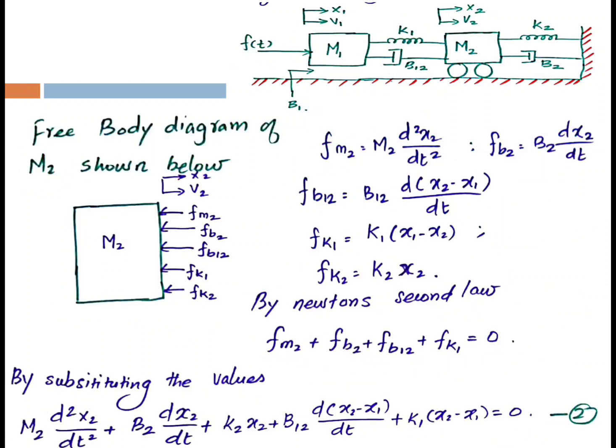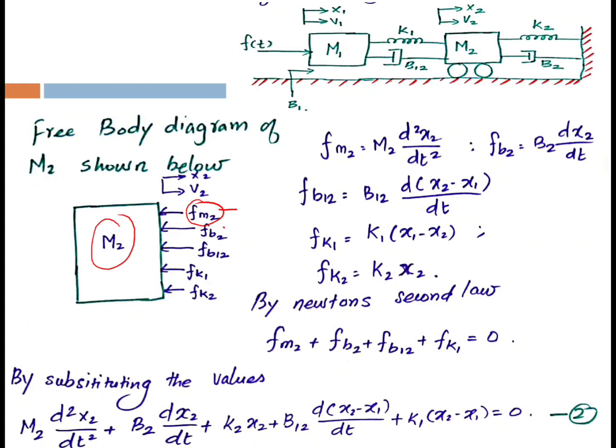Similarly, we have to write the equation related to mass element M2. In mass element M2, again 5 forces are acting. One force is related to mass element M2, and the other forces are because of the friction and the spring, that is dashpot and spring.